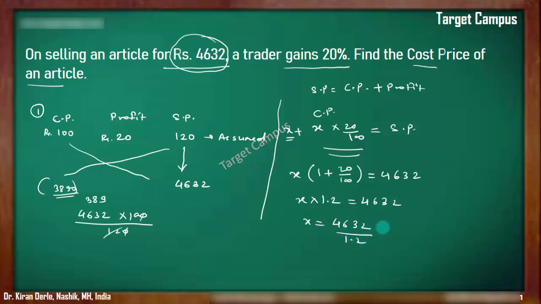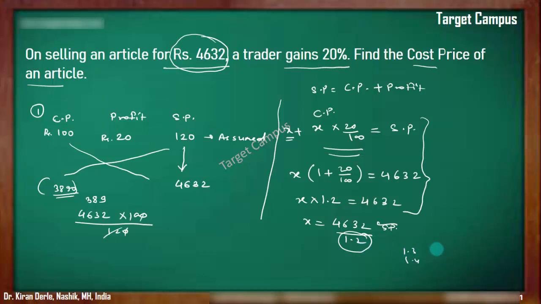But if you are given the selling price and the profit percentage, you can skip these steps. This is just to make you understand. If profit is 20%, we divide the selling price by 1.2. If it is 30%, 1.3. If it's 40%, 1.4.